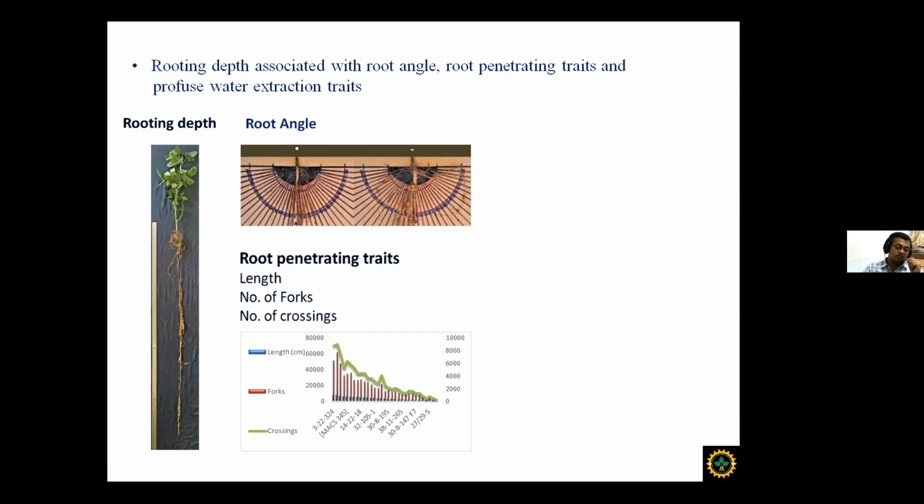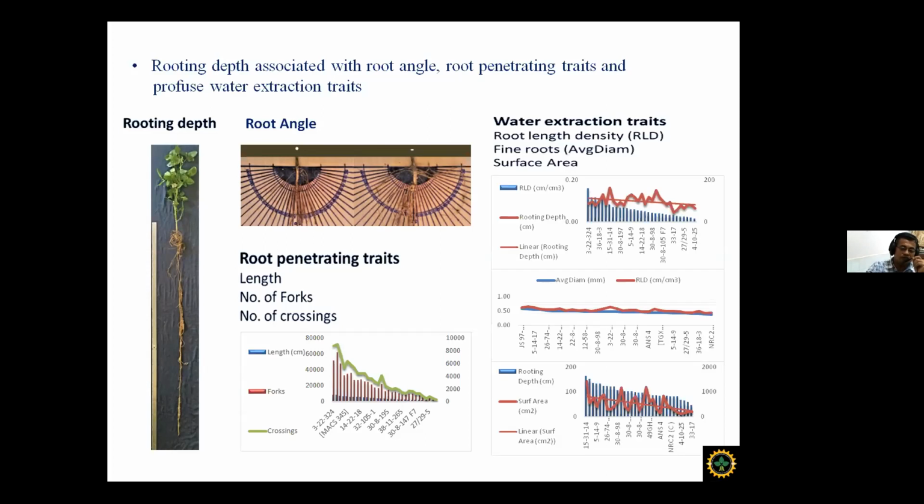And then there is another trait, number of forks. These are the forks, and then number of crossings. So these 3 traits are root penetrating traits, and as you can see here, these 3 traits are found well correlated.